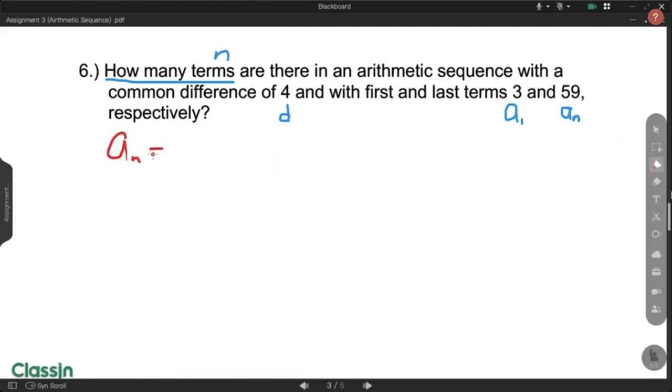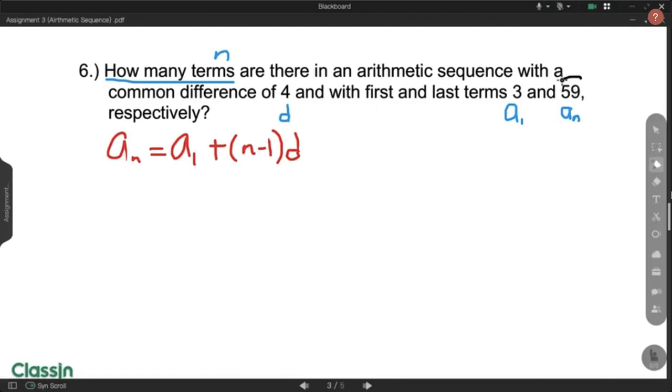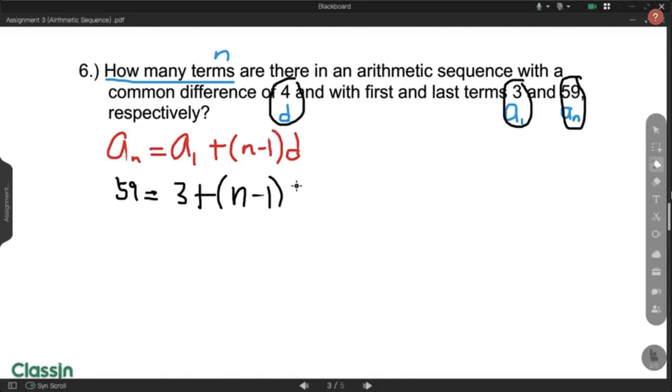a sub n equals a sub 1 plus the quantity n minus 1, multiplied by the common difference. Let's solve. a sub n, that's 59. a sub 1, where is a sub 1? It's here. That's 3 plus, and we don't know yet the number of terms, n, minus 1, and the common difference is 4.